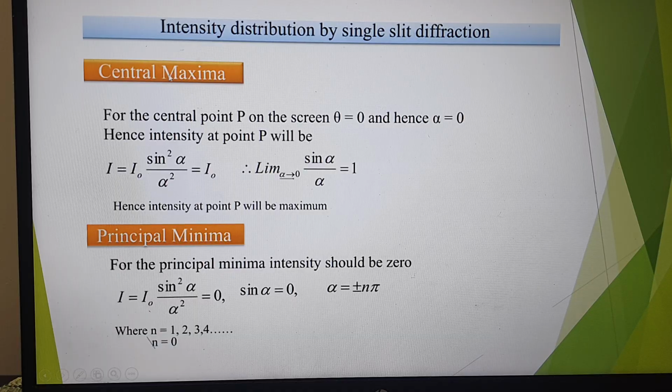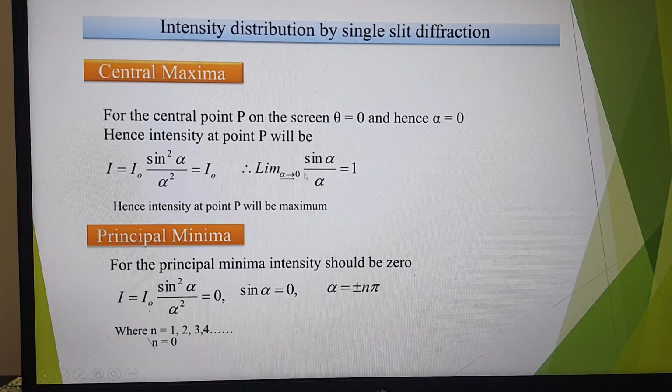Maxima is nothing but 1 and minima is nothing but 0. In degrees we take theta equal to 0 and alpha equal to 0, but alpha is not completely 0. And I equals I naught sin square alpha by alpha square, which equals I naught. So that is the limit as alpha tends to 0.